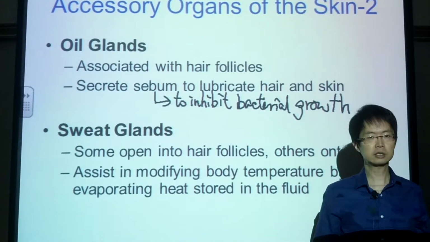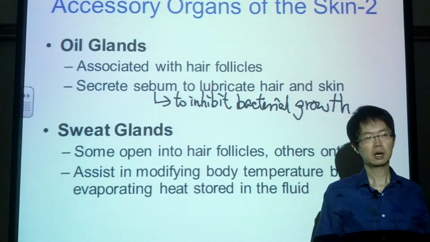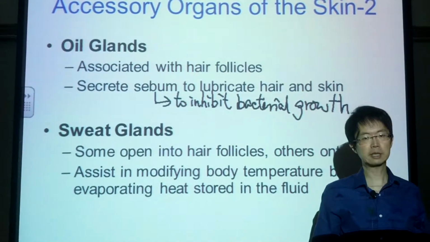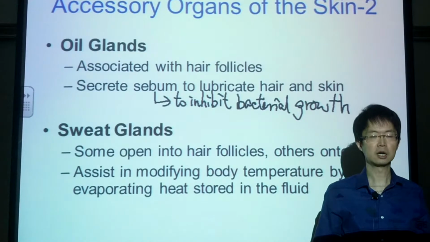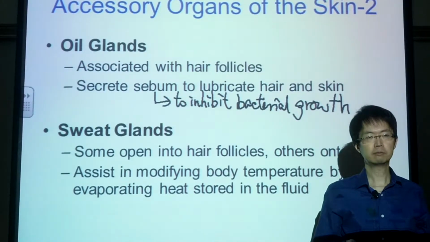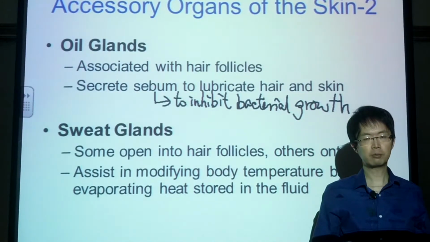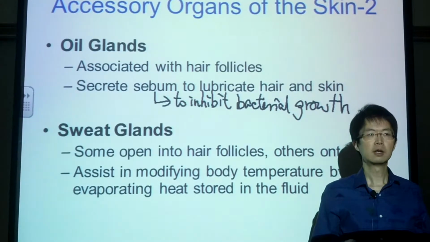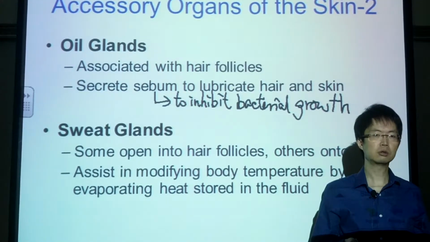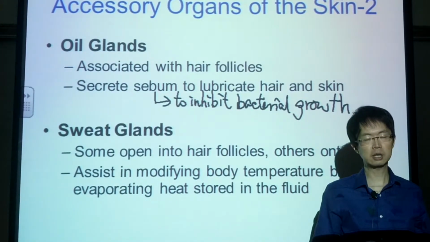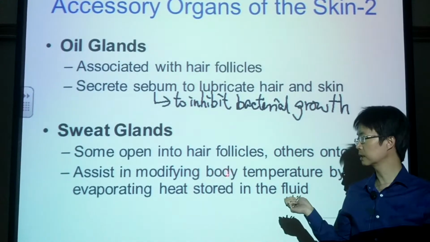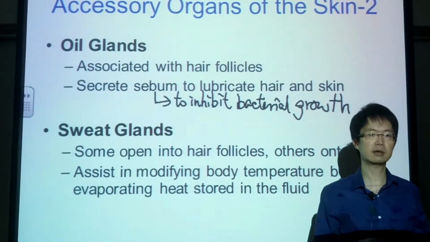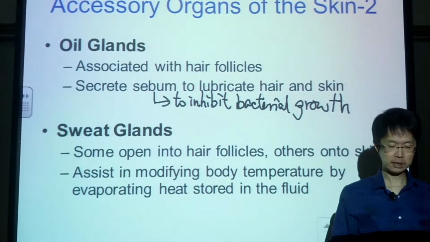And sweating is also a way for excretion, so that the metabolic waste like urea can also get rid of from your body through sweat. So if you don't go to pee, if you don't do number one, sweating is also a way to help you to get rid of your body waste.